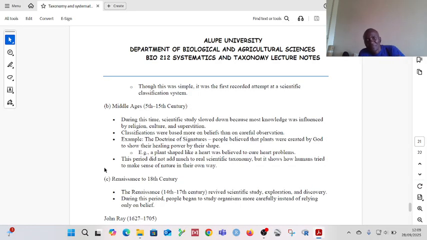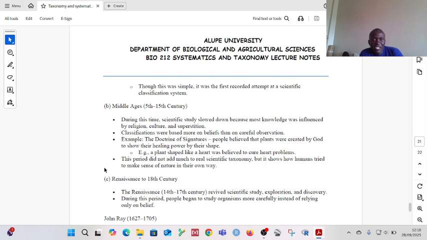Later on, there was some scientific study that ended up having a very slow situation. Mostly because knowledge at this time, between the 5th and the 15th century, was influenced largely by religion, culture, and superstition. So classifications during this time were made based more on what people believe rather than any careful observation.